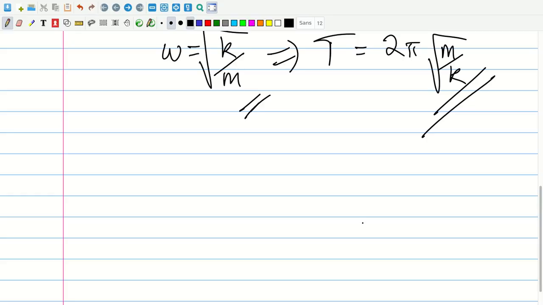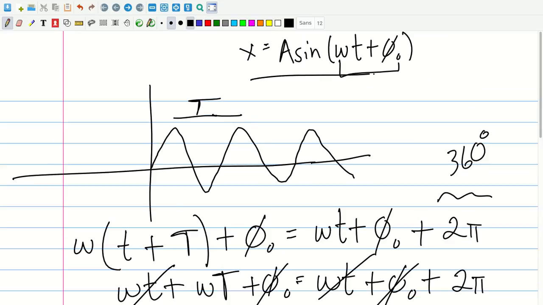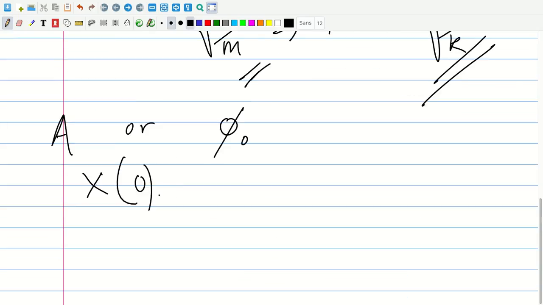Now, if you want to find, let's say, the amplitude or the phase constant, you need the x value at 0, the initial displacement, and you also need the initial speed at 0.